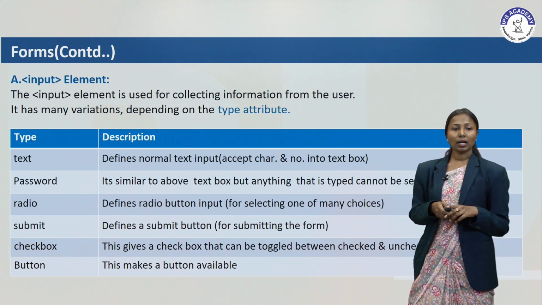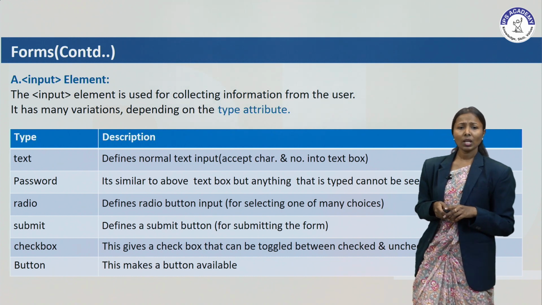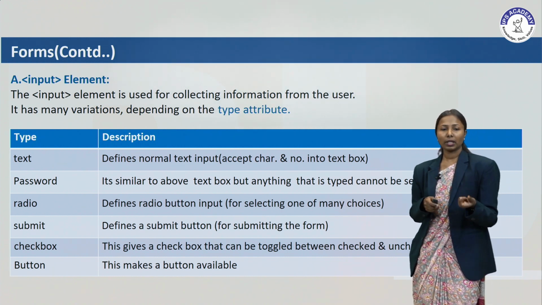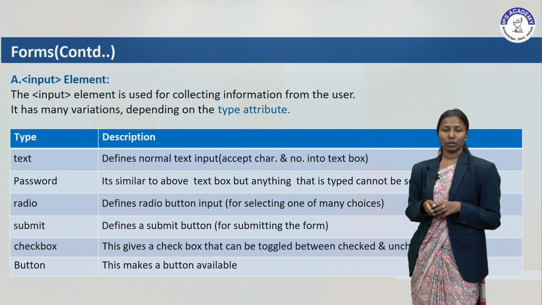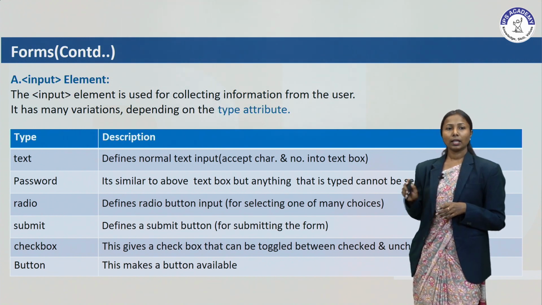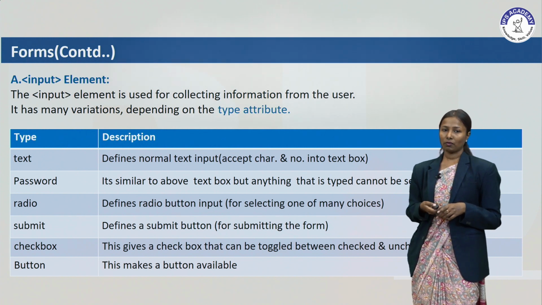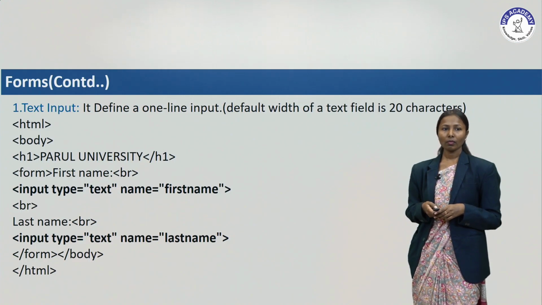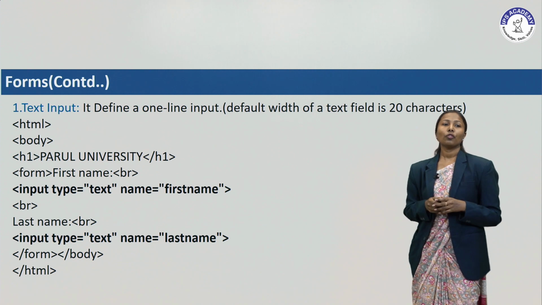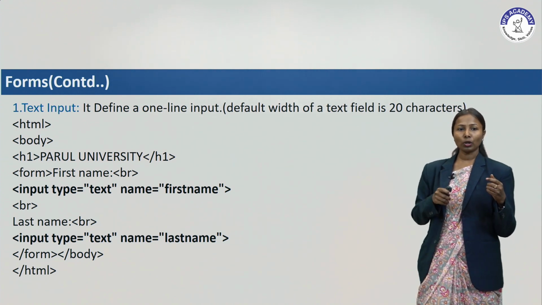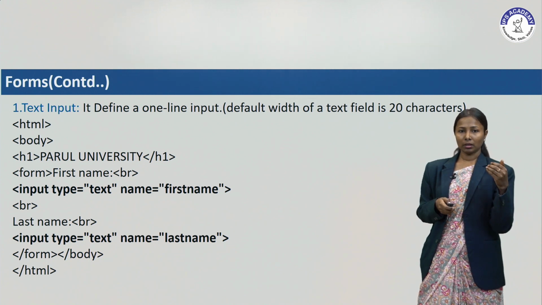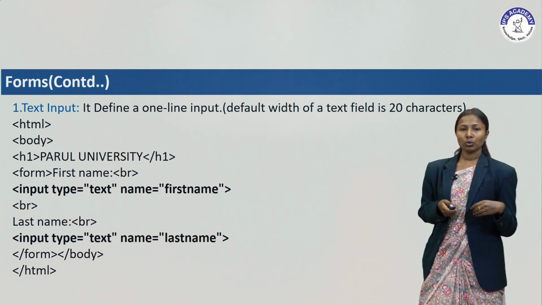After that, another type is button. If you want to make a simple button, then you have to use the button type in input. So these are the input elements which we use in our form. Now this is the example of text input. Text input defines a one line input, meaning you can get some information from the user.